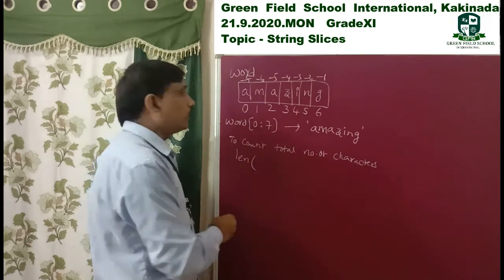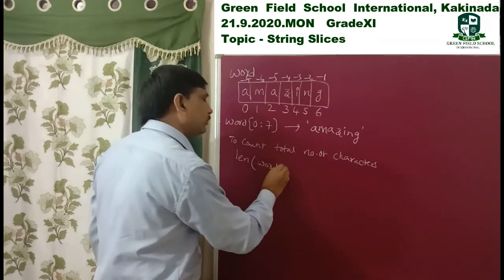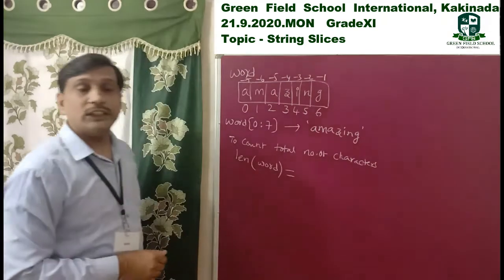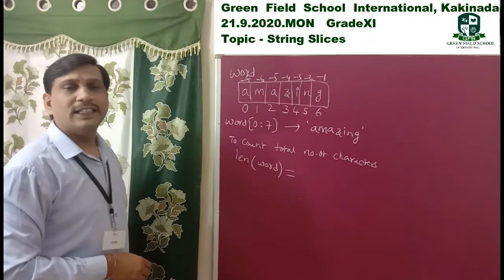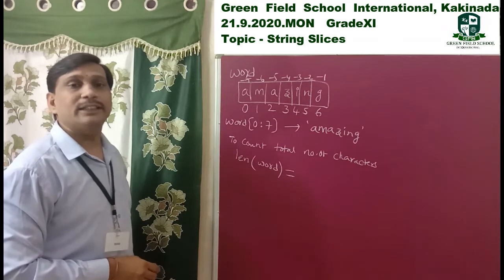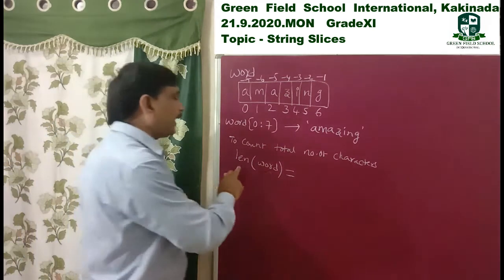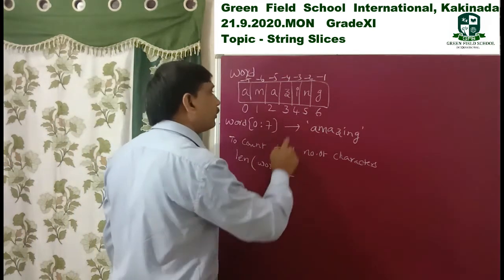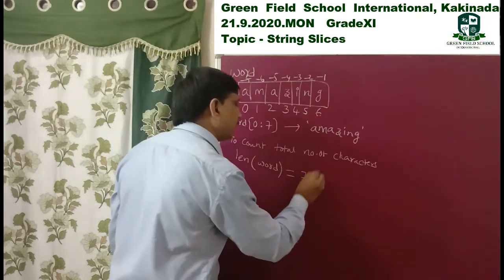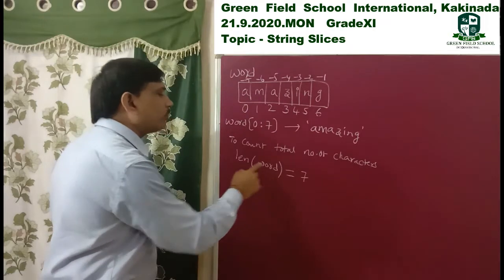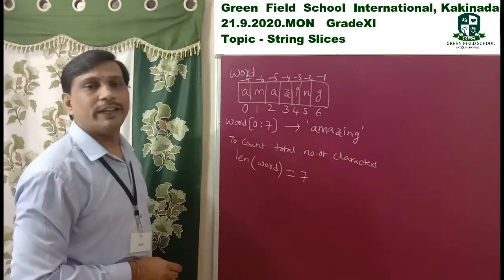Len of word. Frequently we use this function. This one is one of the string handling or string manipulation functions. So len of word means total how many characters? Word means total 7 characters. So print of len of word returns 7.